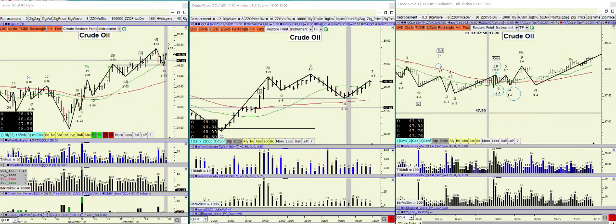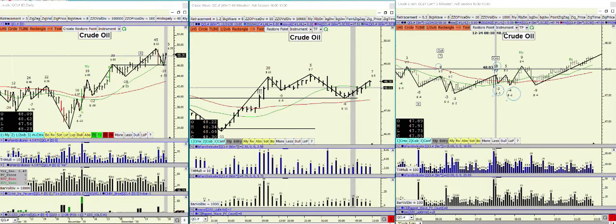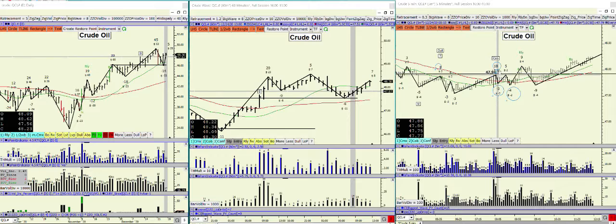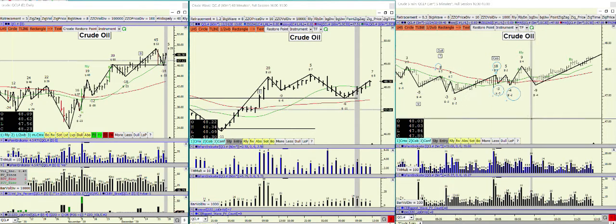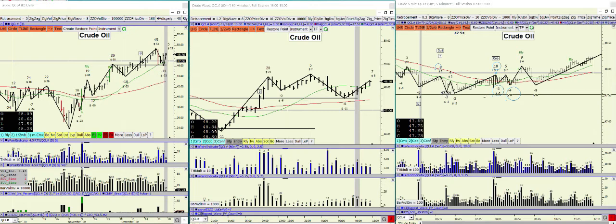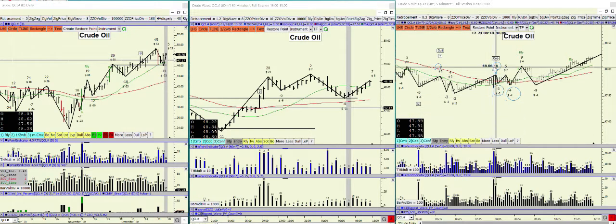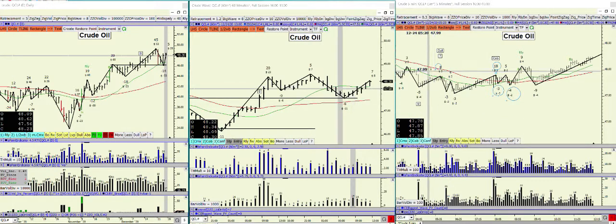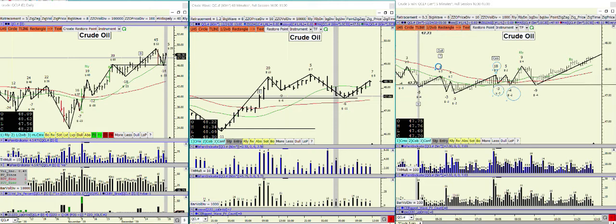Actually, it's distance and volume. It was originally duration, but now it's distance and volume. And this is telling you the trend has changed. The preliminary indication was right here on this 8. This is where they started, like off of this low, the buying started.